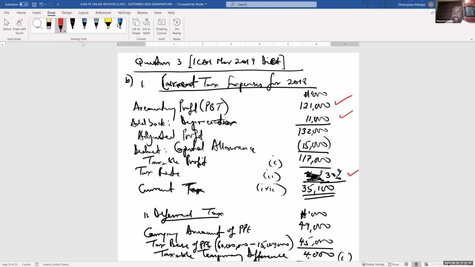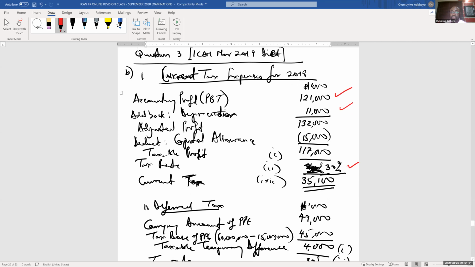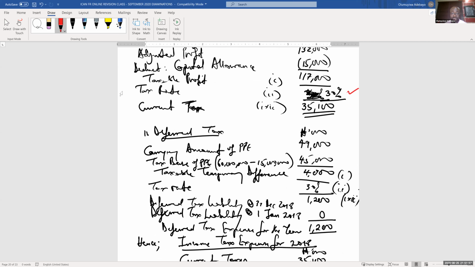Now, for deferred tax, what do we need? We need the carrying amount of the PPE, and luckily for us, in the balance sheet provided, it is clearly shown as 49,000. Our tax base is simply the difference between the cost, which is 60 million, by the time you add the 2 categories of assets, the PPE and the motor vehicle, and the 50 million capital allowance granted so far.